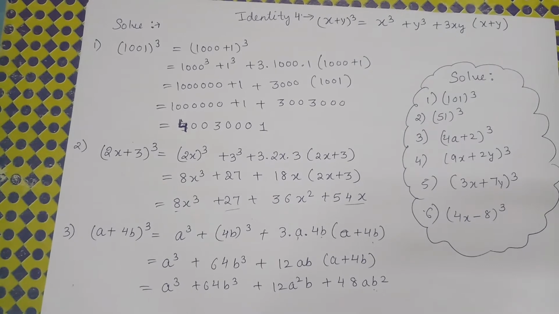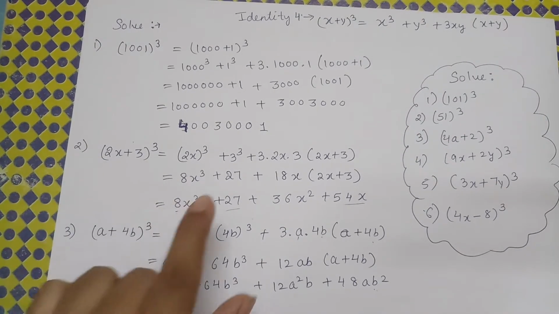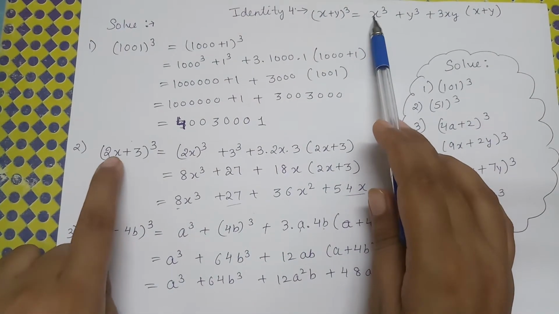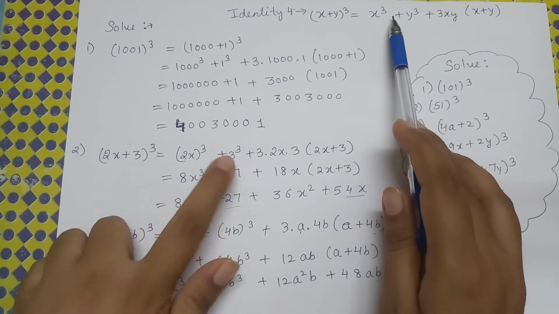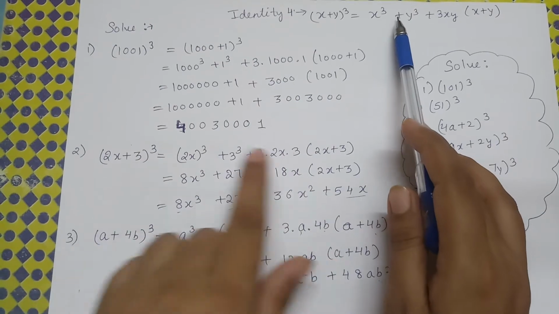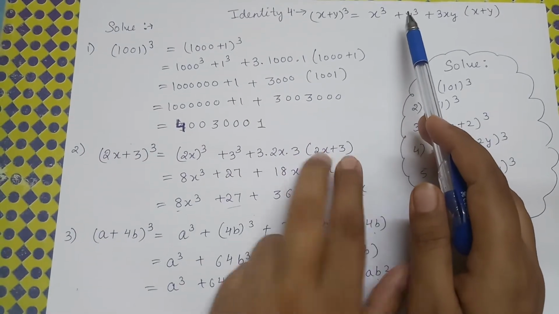Next, if we have polynomial form, (2x + 3) whole cube, again in place of x we have 2x. So first term cube, second term cube, plus 3 into first into second term, bracket first term plus second term.